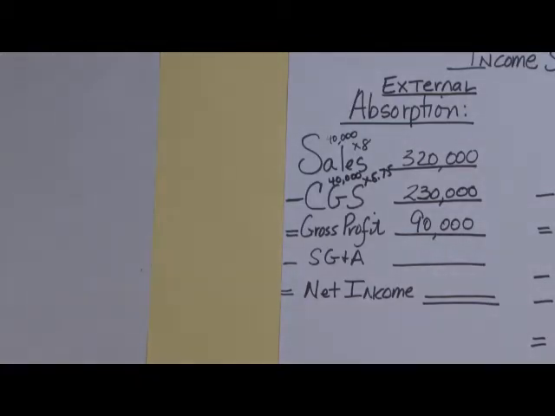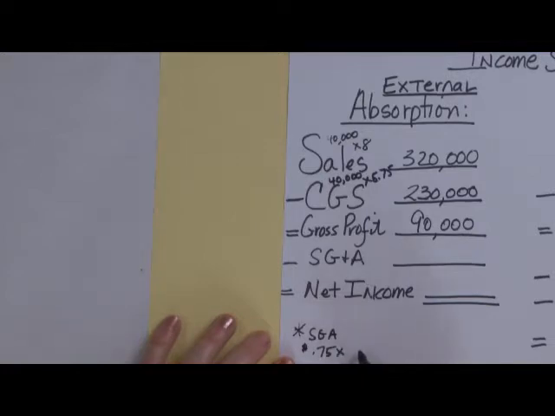Now let's look at the SG&A. It's going to be, let's put that down here. SG&A is going to be 75 cents per unit sold, and we're selling 40,000. So that's the variable. And the fixed is going to be $30,000.